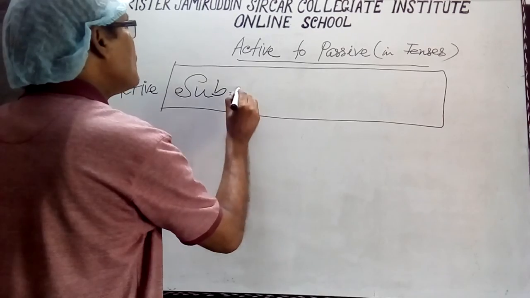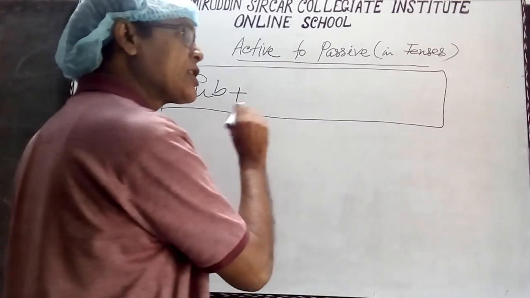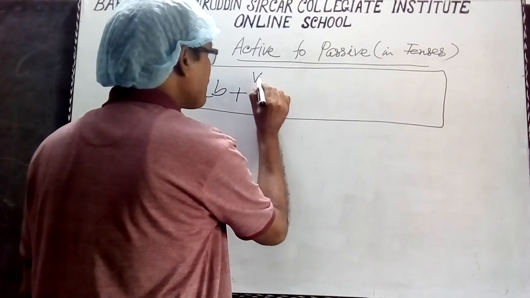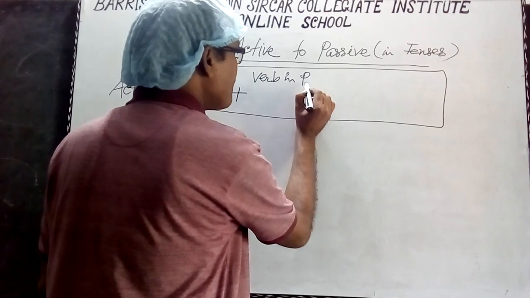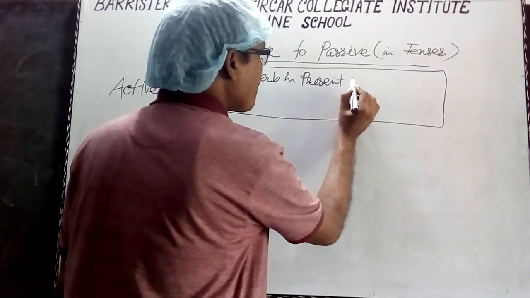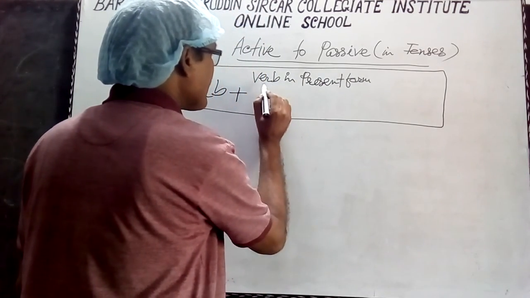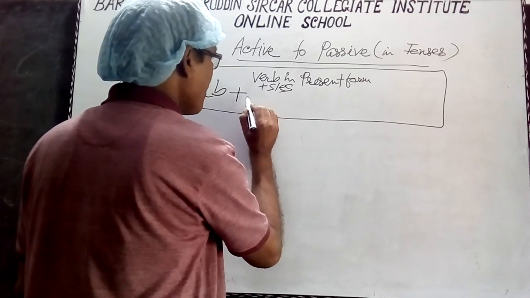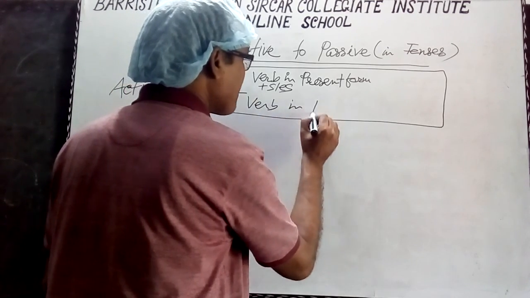We know in active voice, the sentence begins with subject, then verb in present form, or verb takes s or es, or verb in past form.